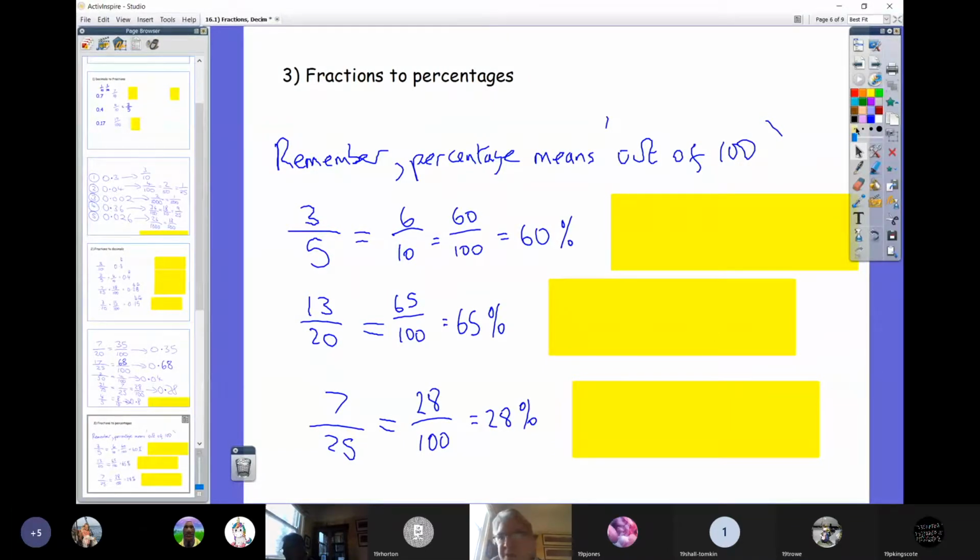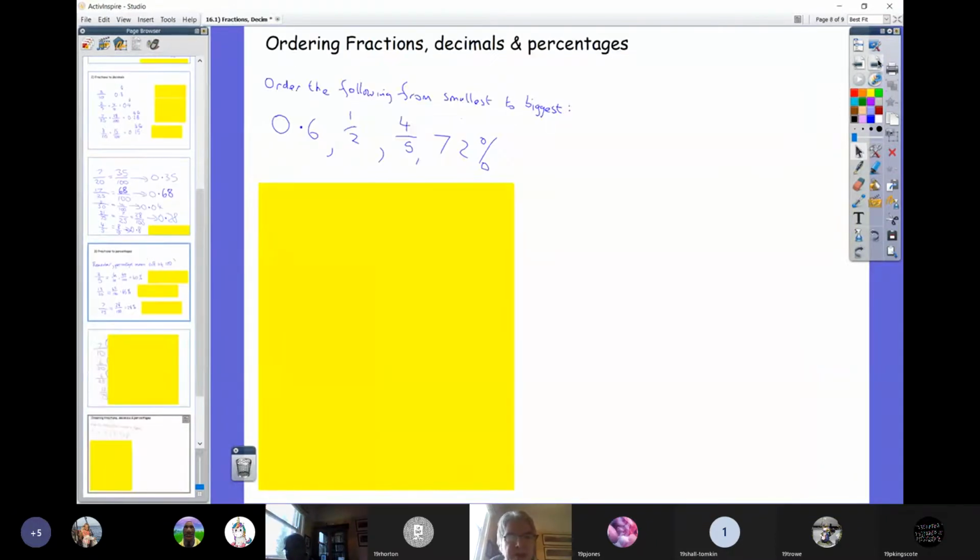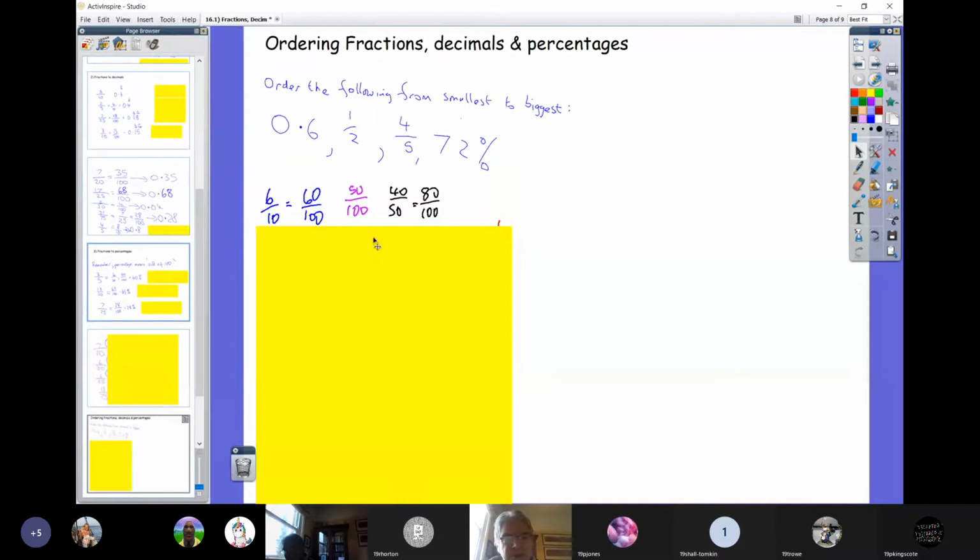And the final thing you might be asked to do is just to order them from smallest to biggest. So I would suggest you just put them all over 100 or all over a common denominator to help you get them ordered. Okay, so I've turned each of these into being out of 100. So 0.6 is 6/10, which is 60 out of 100.